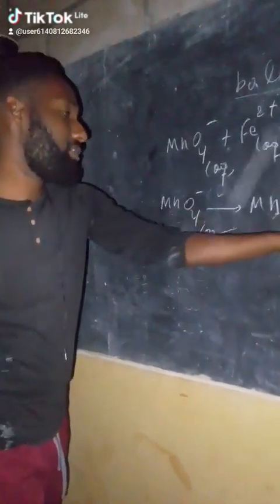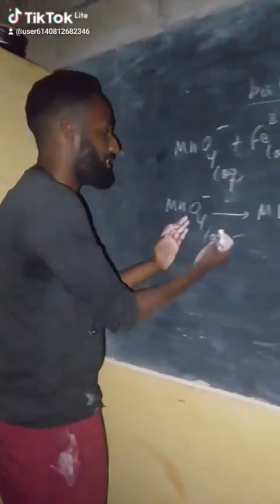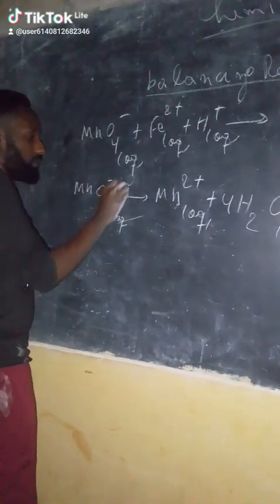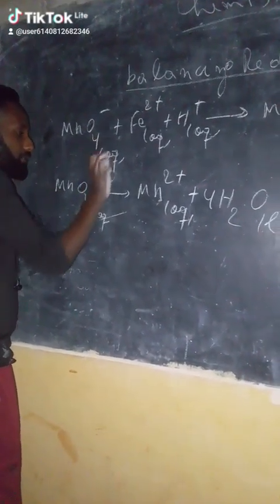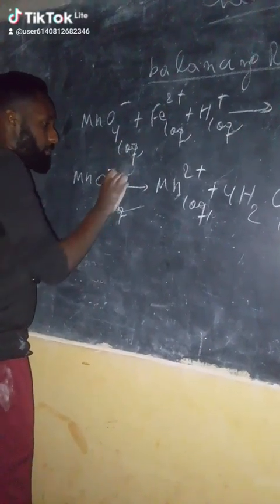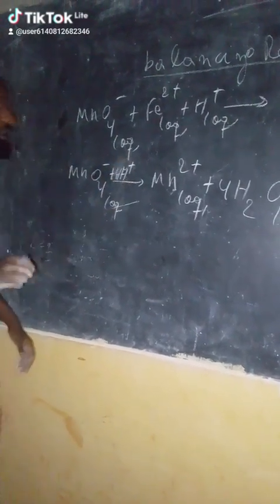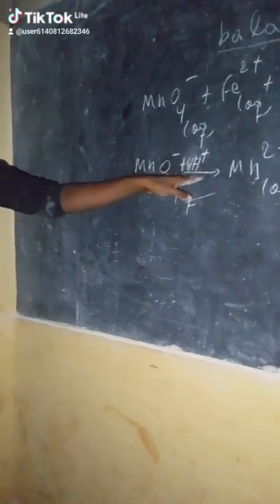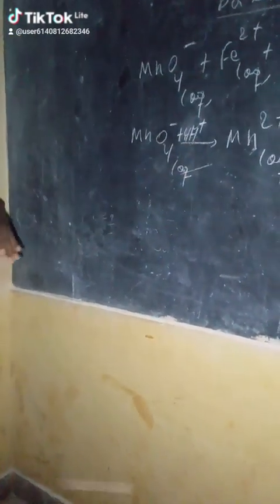So 4 moles of water. So there you have 8 hydrogen. So we have to add plus 4 hydrogen atoms, plus 4 hydrogen ions or proton.